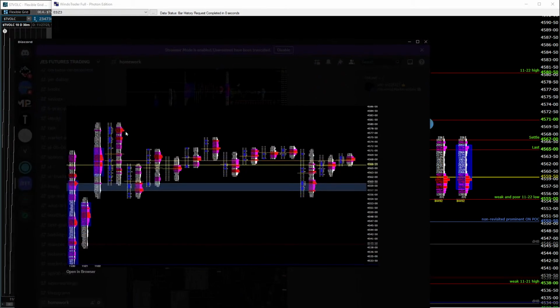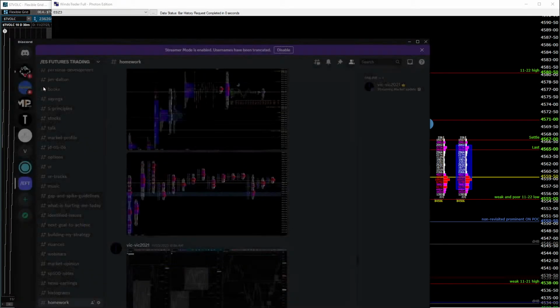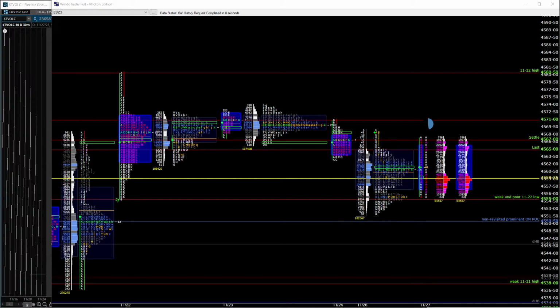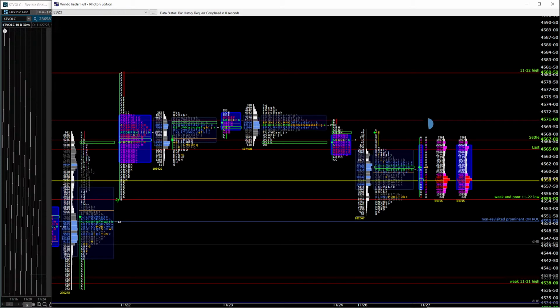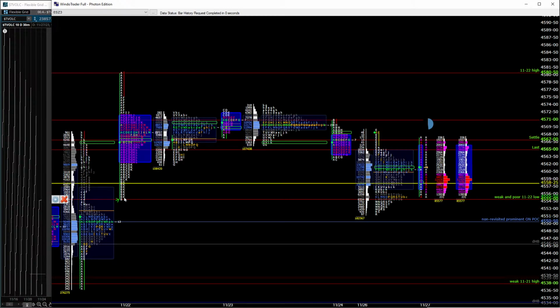Look at how this happens. It's kind of like a move to extend it here, right? No, I don't know about this. This level is weak, very weak now. It's even weaker now.